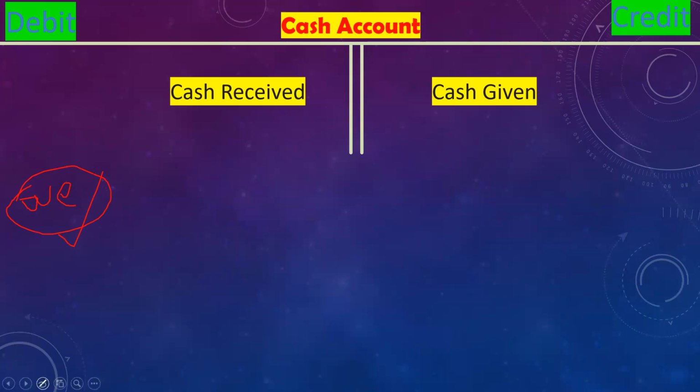No need to write the entire thing. You just write the tangible rule. Write a heading, Tangible Rule, my dear everyone. Under that, write it down: received debit, given credit.